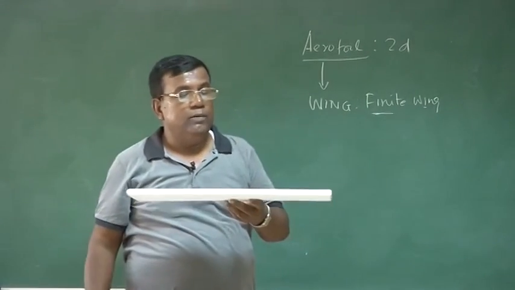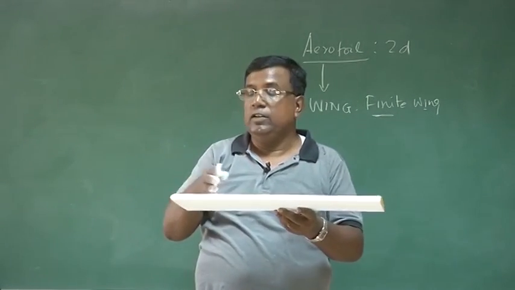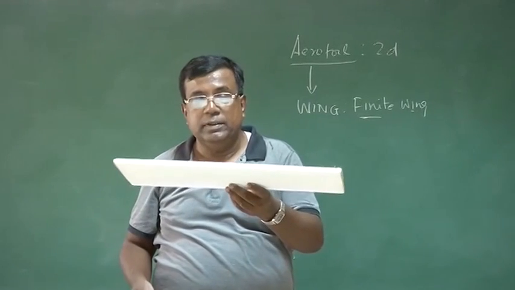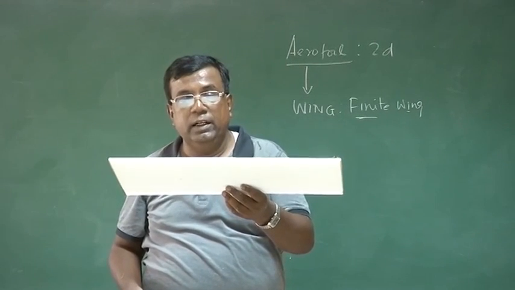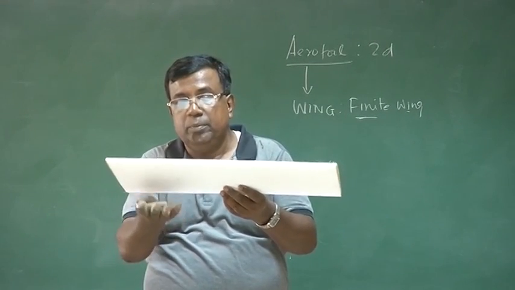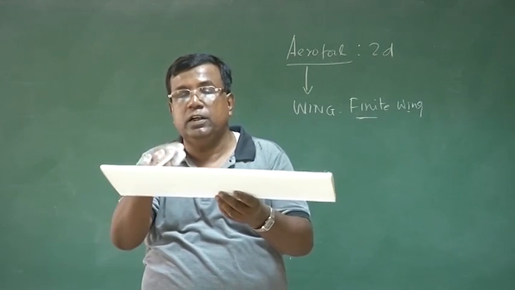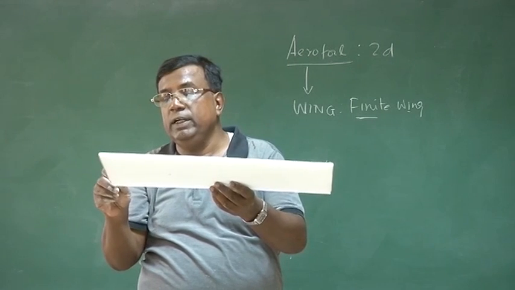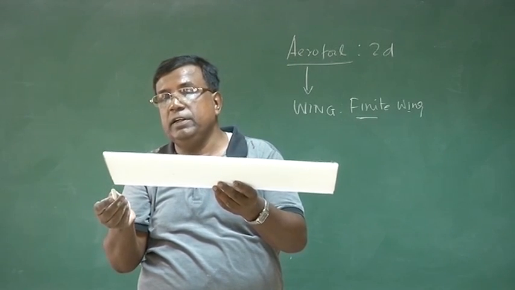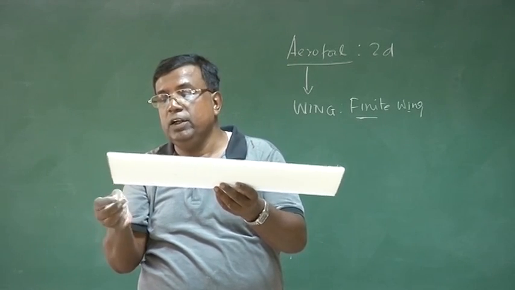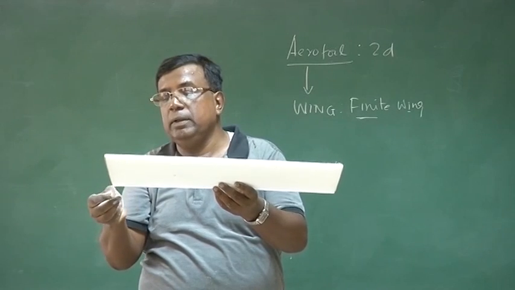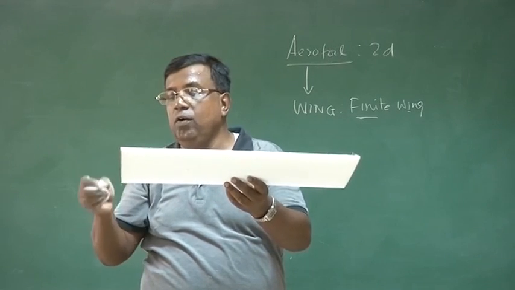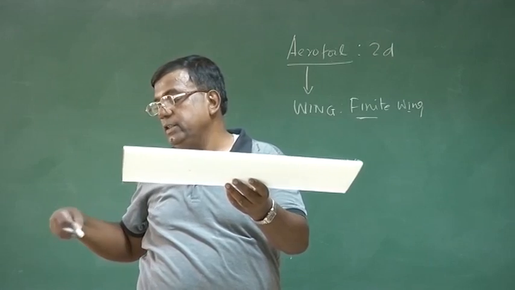Now when there is a finite wing, that means this is not infinite. Let us see what happens. If it is flying at an angle like this, the pressure at the bottom is more than the pressure on the top. That is why there is a lift. As I come near the tip of the wing, what happens? Here the pressure is more and here the pressure is less. So air will try to come from the bottom to the top, and they go on forming vortices like this.